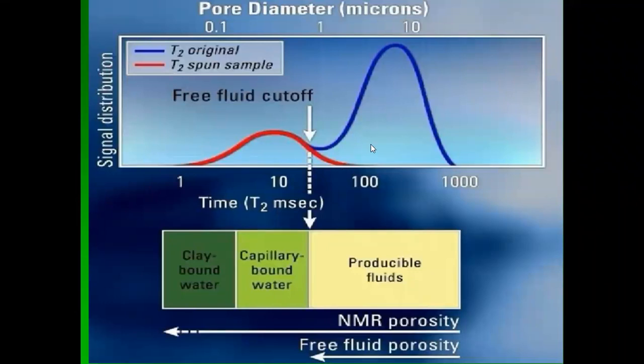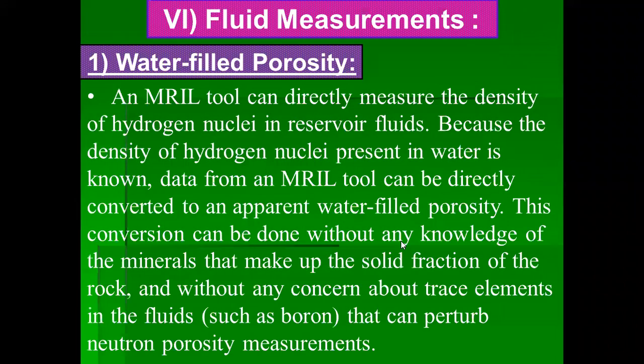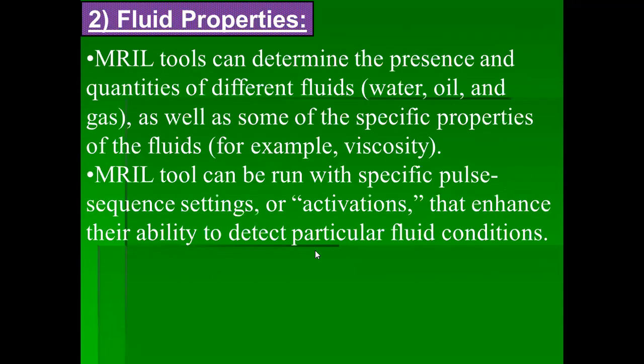So from the cutoff, we can obtain estimates of the volume of clay bound water, volume of capillary bound water, and the producible fluids. This is about the use of T2 distribution, and we can obtain water filled porosity, both total and effective porosity, and also we can obtain some discrimination between fluid properties, and some information about the viscosity of different fluids.